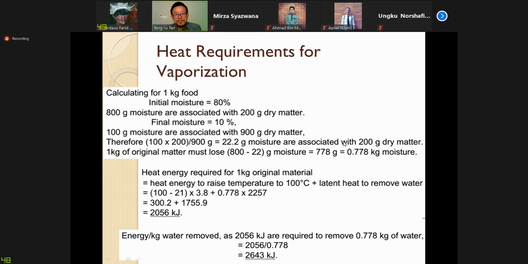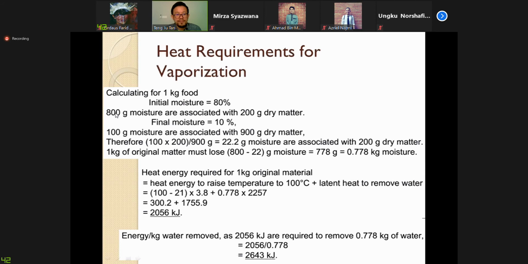In order to be 10% for this dry matter, you must only remain 22.2 grams of moisture. You must only have 22.2 grams of moisture in the product, which has only 200 grams of dry matter, in order to claim the product as 10% moisture content.